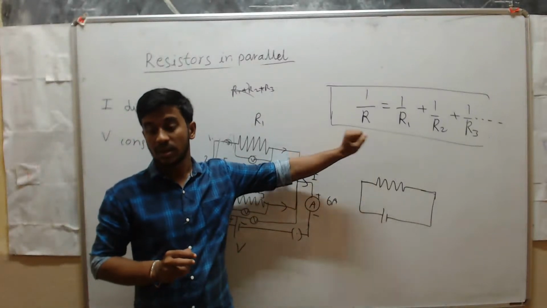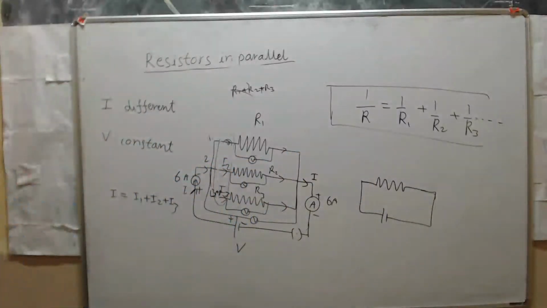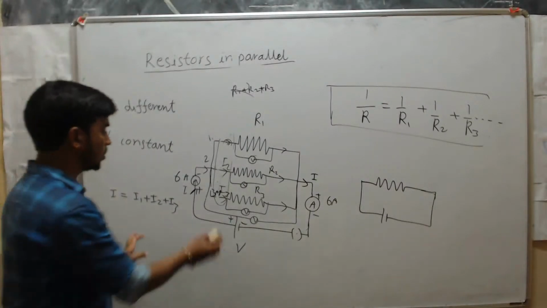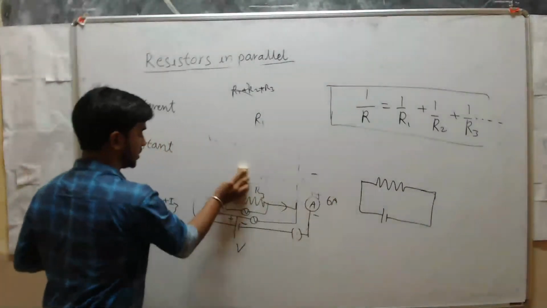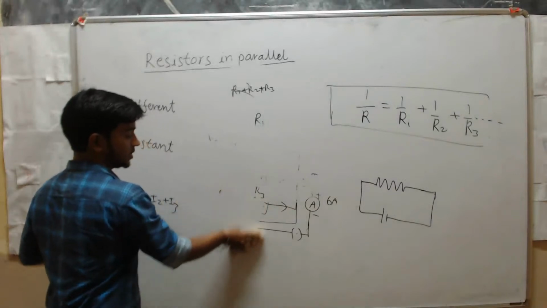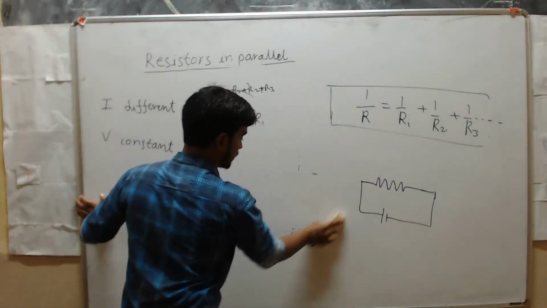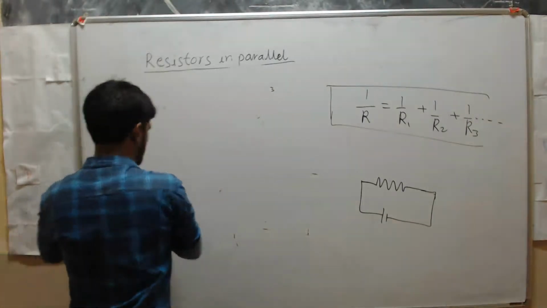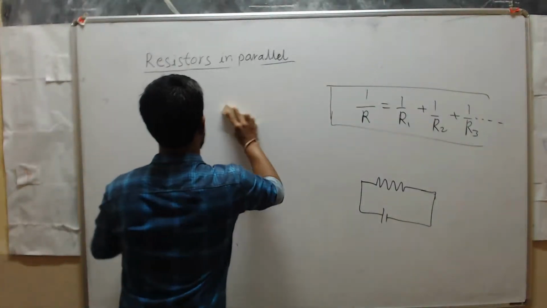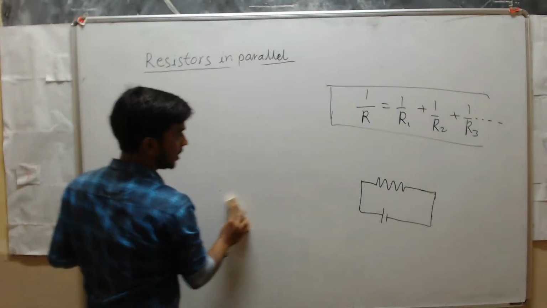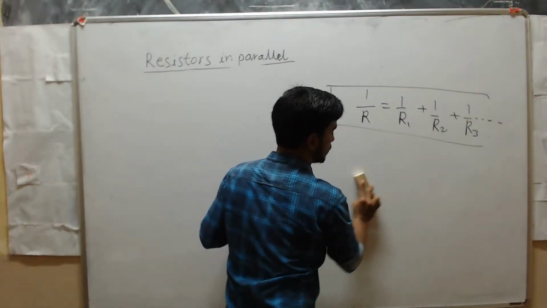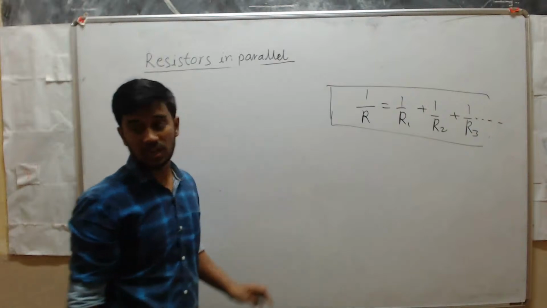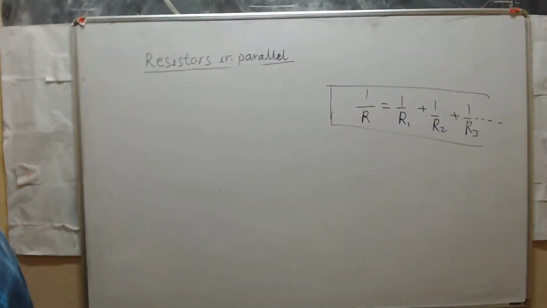Clear? Okay. Now next, sorry, I forgot to say how to calculate total resistance when the resistors are in series. Here we use this formula to calculate the total resistance in the circuit when the resistors are in parallel.